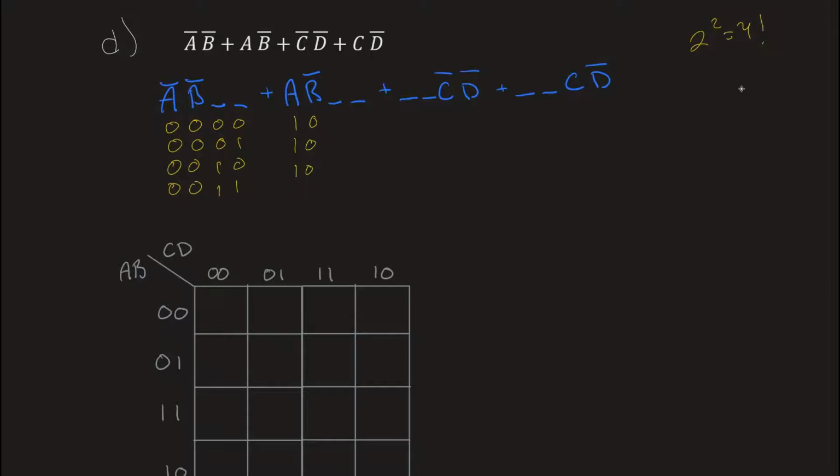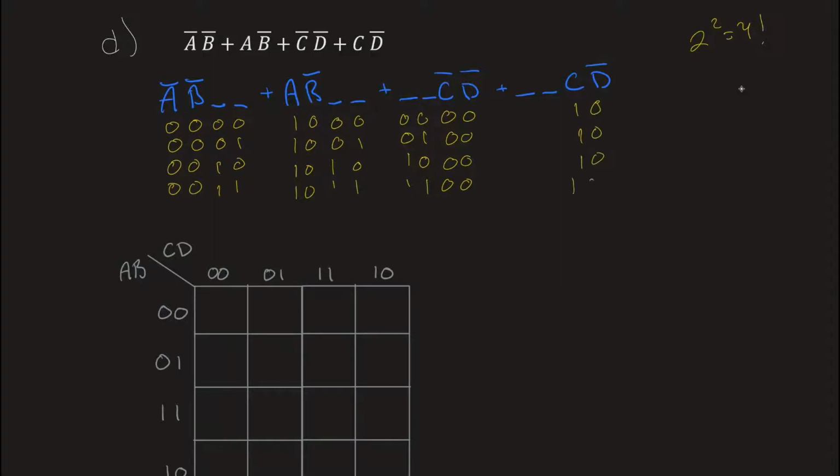All of them have to start with 1, 0, but then we could have anything from 0, 0 to 1, 1. Over here, same thing. 4 rows, all of them have to end in 0, 0, but the first two could be 0, 0, 0, 1, 1, 0, or 1, 1. And same thing here.